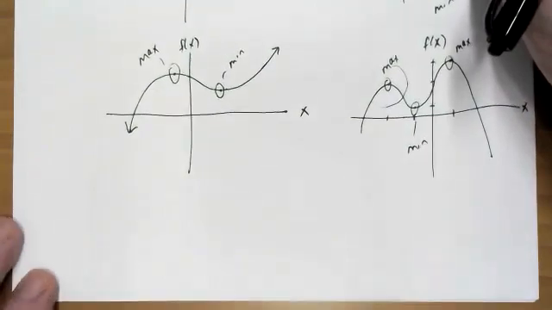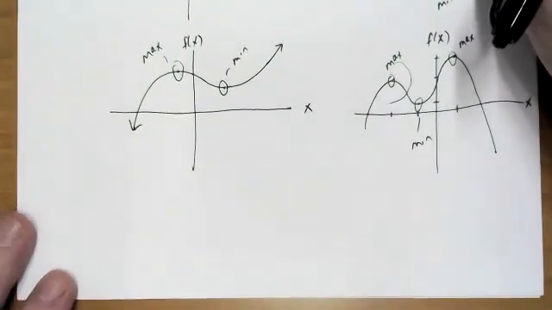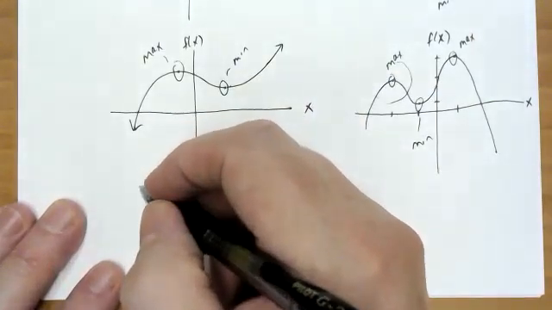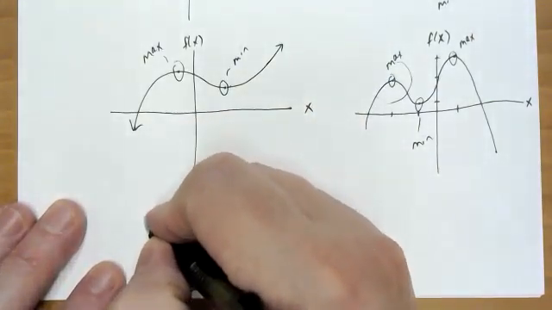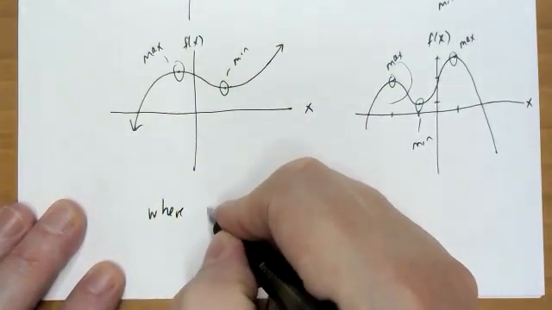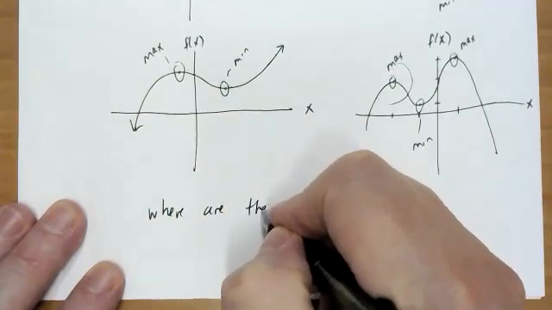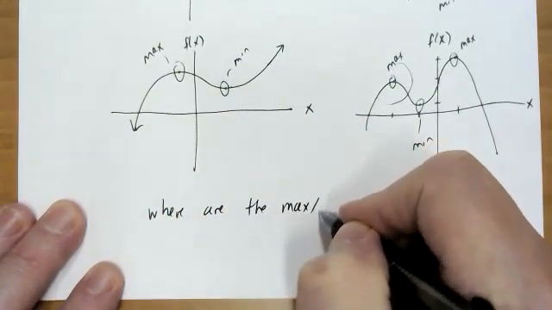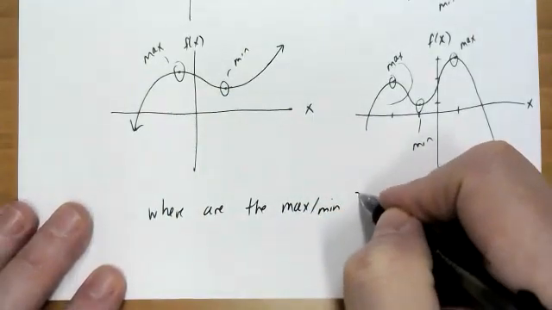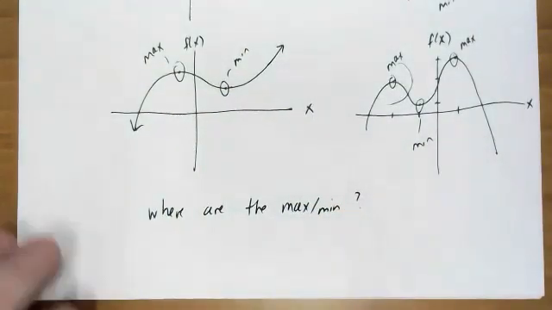So let me say this. Almost always, when they ask where are the maximums, sometimes they write it like this, max/minimum. So it says, where are the maximum and minimums?